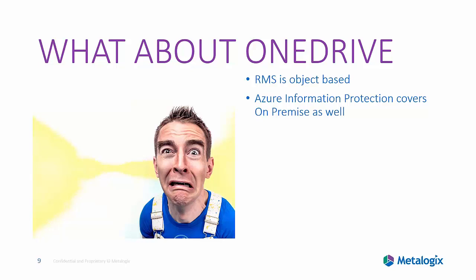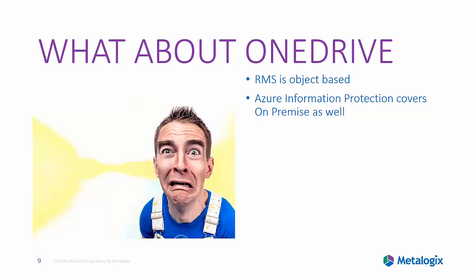And the nice thing about Azure IP is that it covers on-premise as well. So not only can you use your OneDrive Personal content, you've also got OneDrive Business, which is not only extended to Office 365, but you can sync SharePoint libraries with SharePoint running in Azure, as well as SharePoint on-premise.